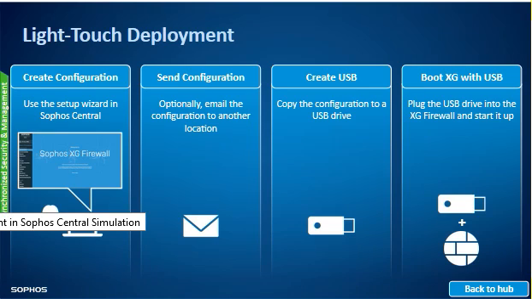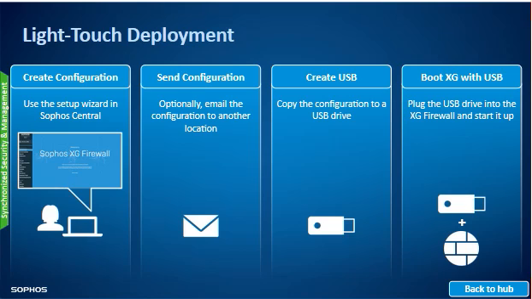Light touch deployment enables even a non-technical person to connect and configure a remote XG firewall and get it connected into Sophos Central. An administrator can add the new firewall in Central and step through the initial setup wizard before the XG device is installed.